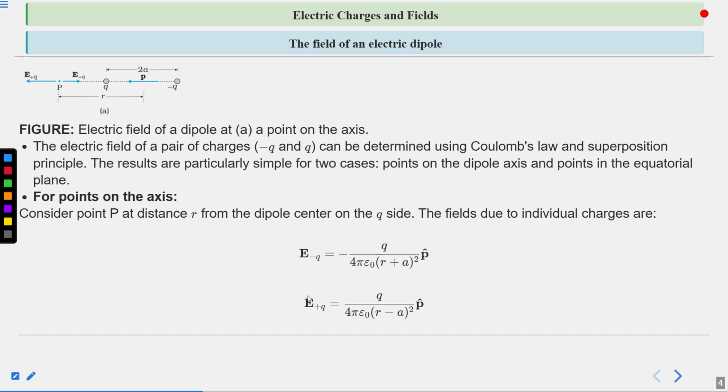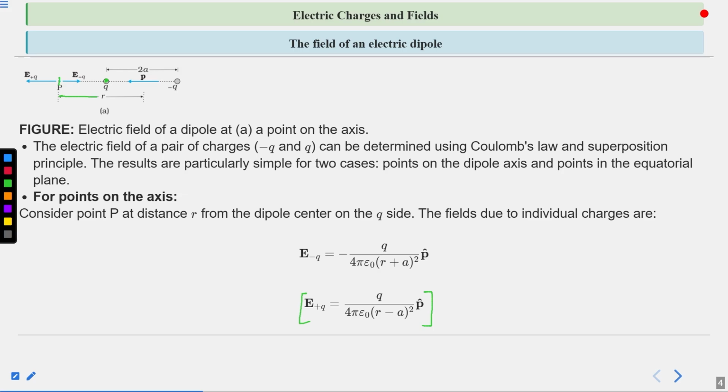Now the electric field due to charge plus q. What is the formula? The electric field due to charge plus q is equal to q divided by 4 pi epsilon naught, and the distance of the charge q from point P is r minus a.